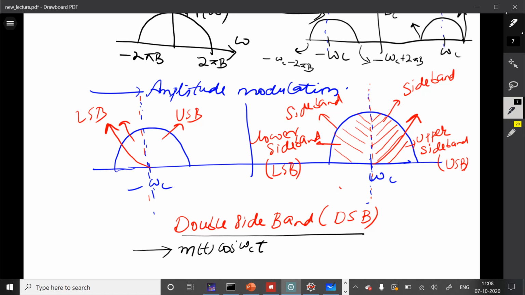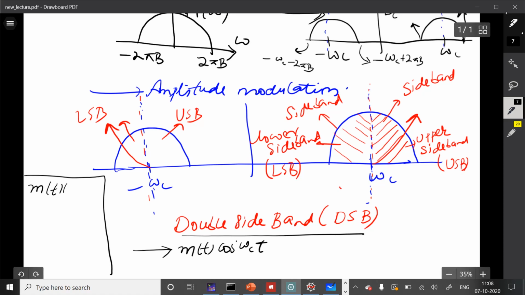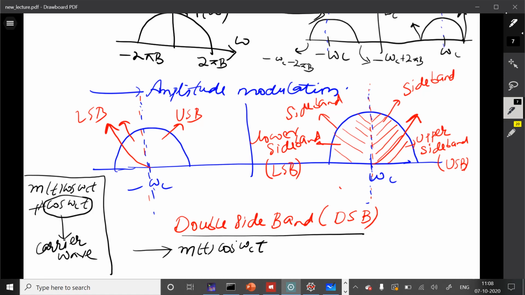So later you will see, next lecture, we have one more modulation scheme wherein the modulated signal is m of t cos omega ct plus cos omega ct. See, this cos omega ct, since it sort of carries the information, right? It is carrying on its back the message signal. It's called a carrier wave. Okay, this cos omega ct is called carrier wave.